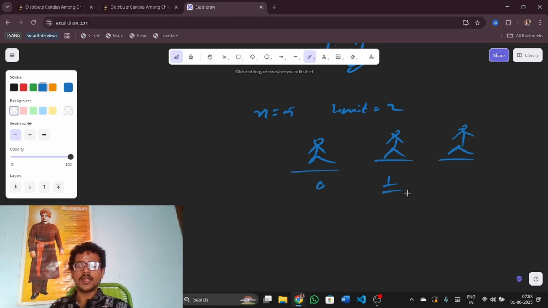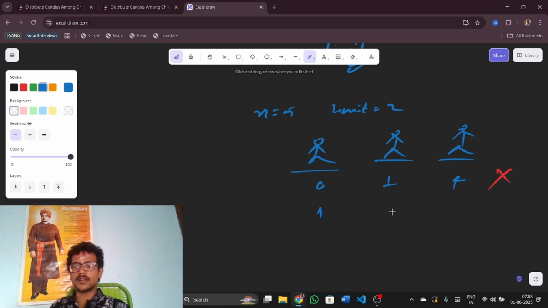I have given 1 and we are remaining with 4, and I'll give this 4. But if you see, 4 is exceeding 2, so I will not prefer this, and this is not a valid distribution.